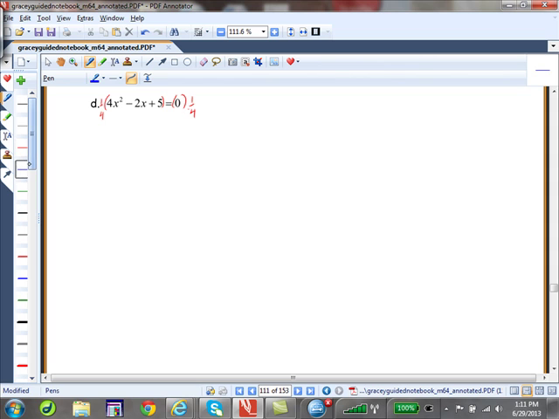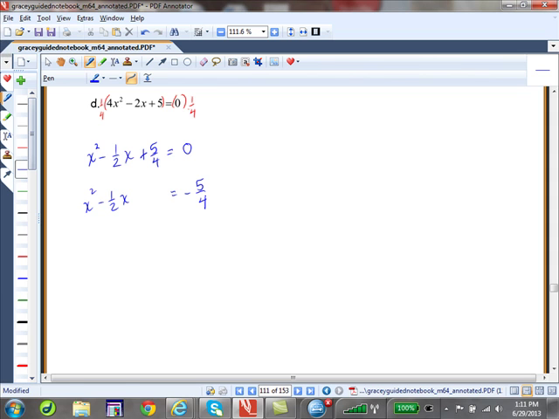So I will get 1x squared minus 2/4 is going to be 1/2 x, and then plus 5/4 is equal to 0. So getting the terms that have x's in them on the left and the constant on the right, I have this.